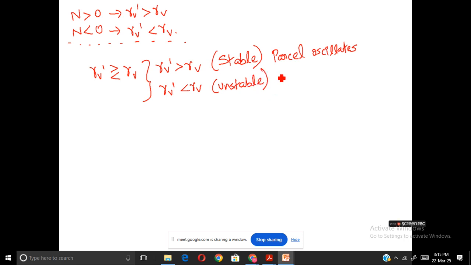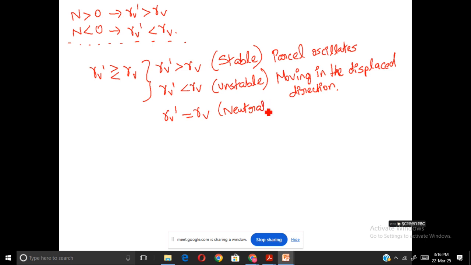The parcel keeps on moving in the displaced direction. And there is a third case when gamma v dash is equal to gamma v, which means it is neutral.